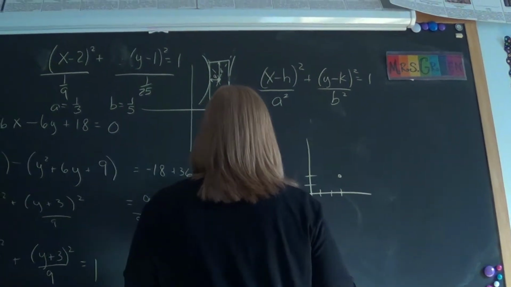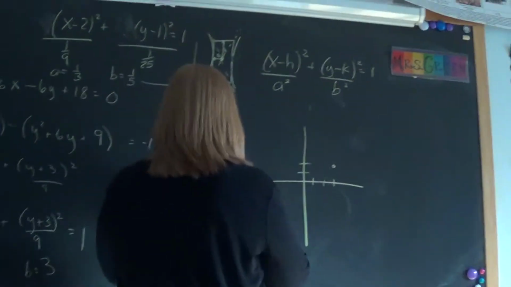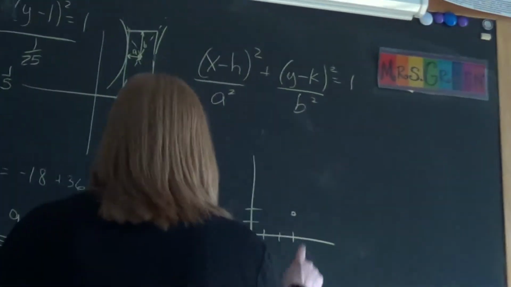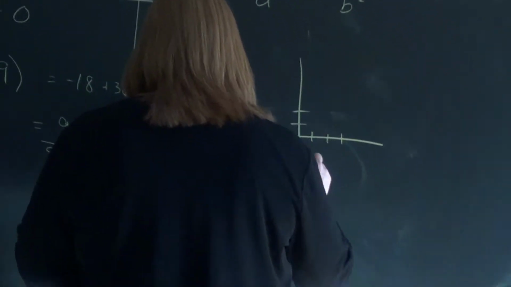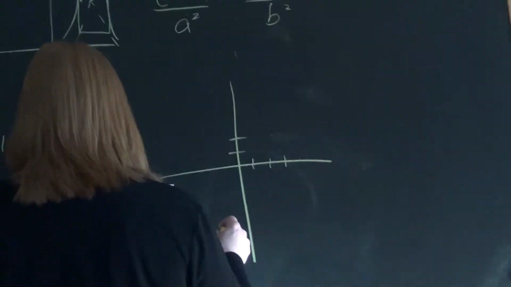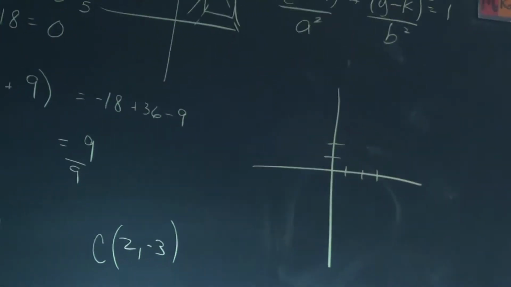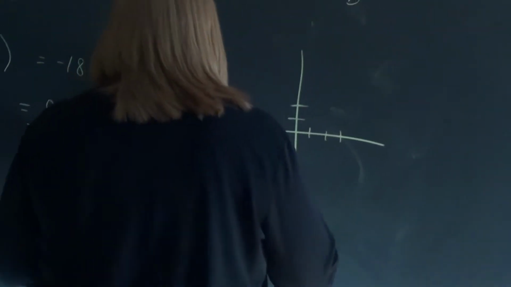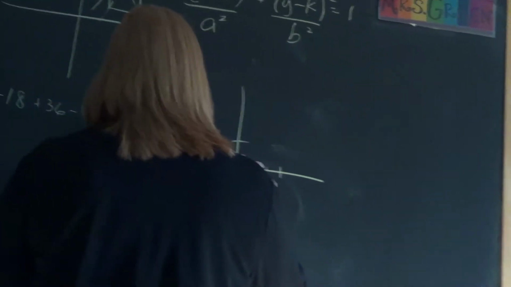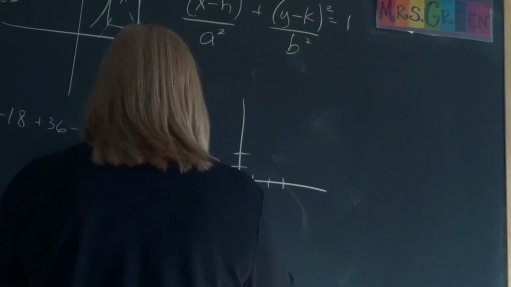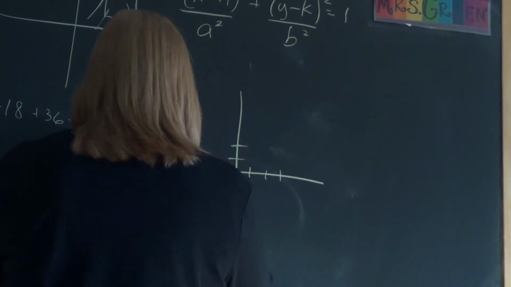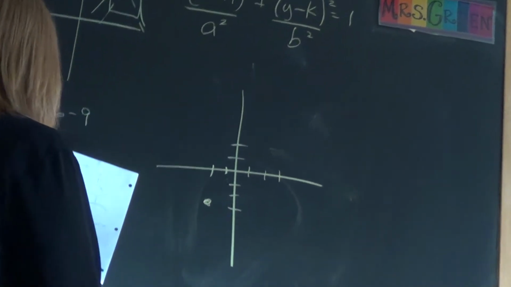I'm looking at the mock one, still on the real one. Here it is. Minus 2, minus 3, right? Yeah. So go back 2 and down 3 to find the center.